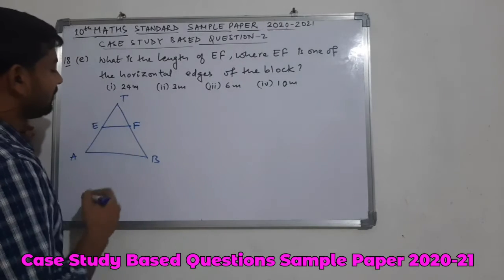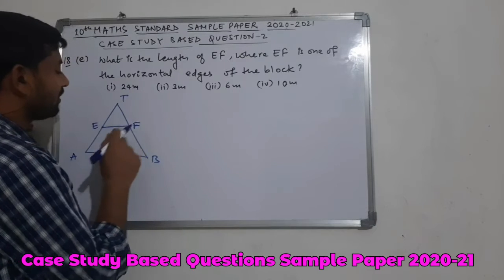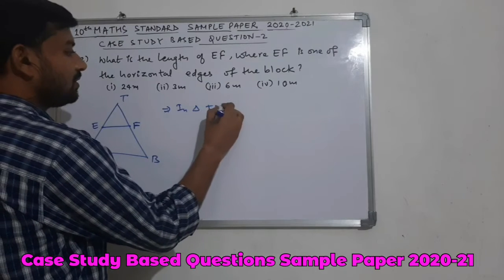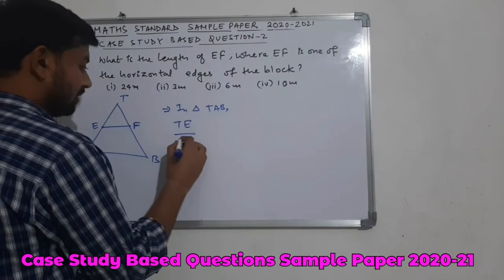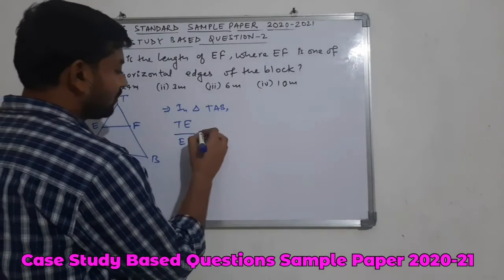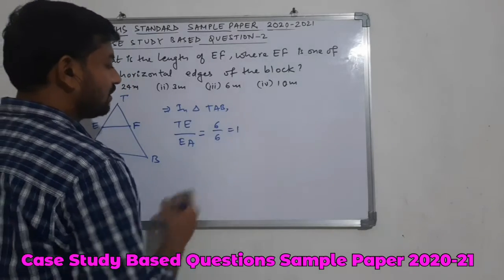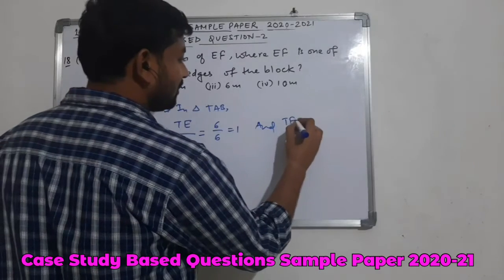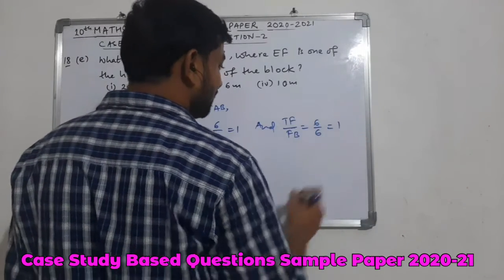So if it is 12 meters and if we talk about the midpoints E and F, clearly in triangle TAB we can write TE upon EA. Since it is a midpoint, this will be nothing but 6 by 6, that is 1, and if we calculate the ratio TF upon FB, this is again a midpoint, so 6 by 6, that is again 1.